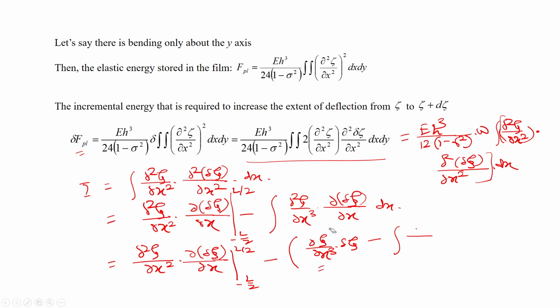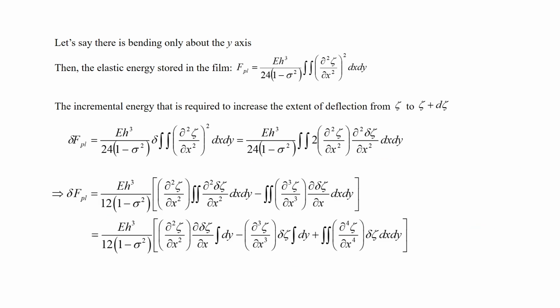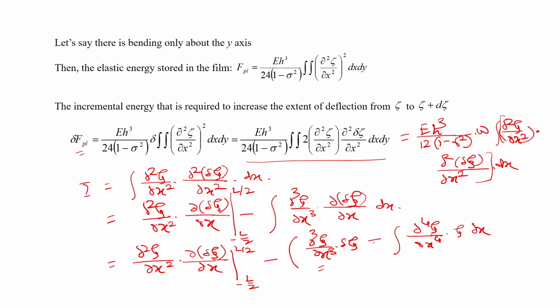Sorry, it is not square, this is cube here. So it will be del 4 zeta by del x 4 into delta zeta.